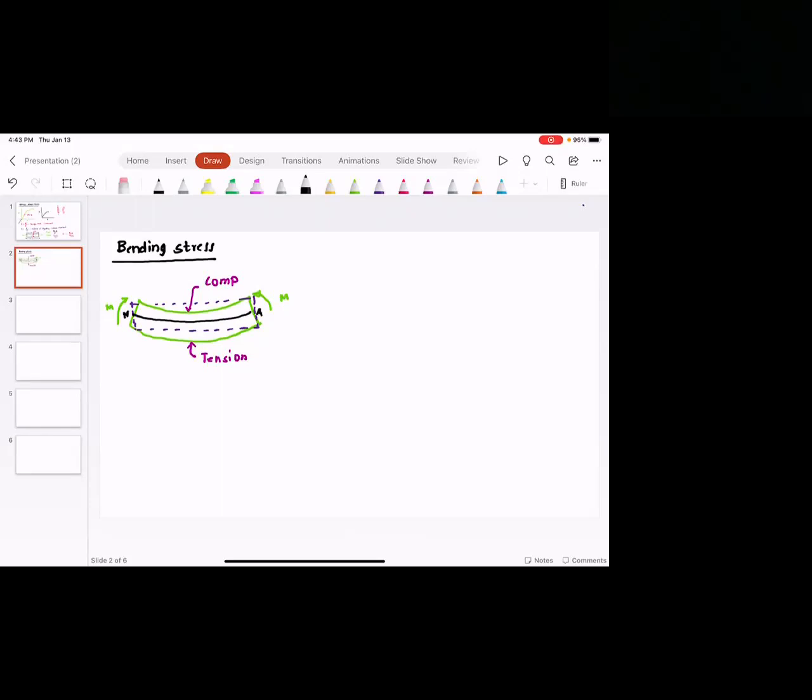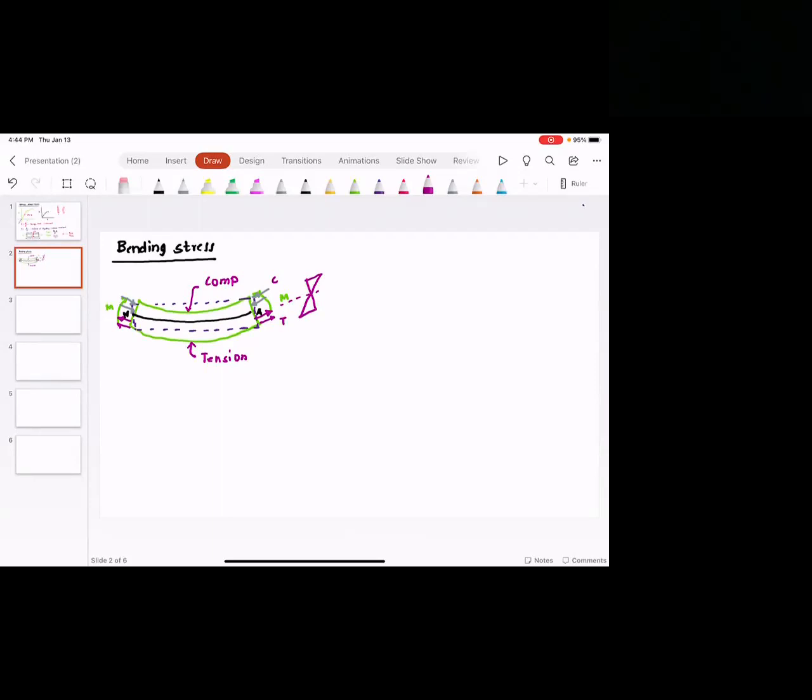The fibers above the neutral axis are compressed and fibers below the neutral axis are pulled. So you have tension at the bottom and compression at the top. That's why if you were to draw the bending stresses, you will see this type of triangular distribution, where you have the maximum stresses either at the top or at the bottom.